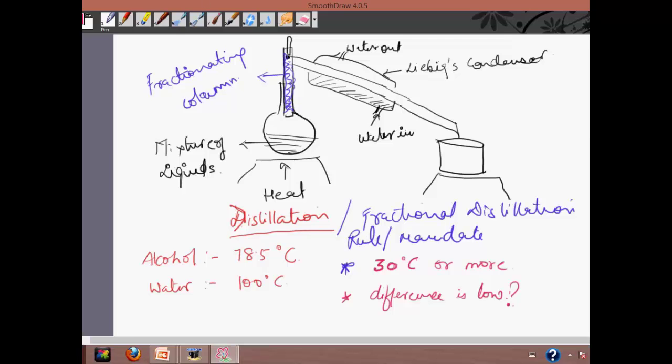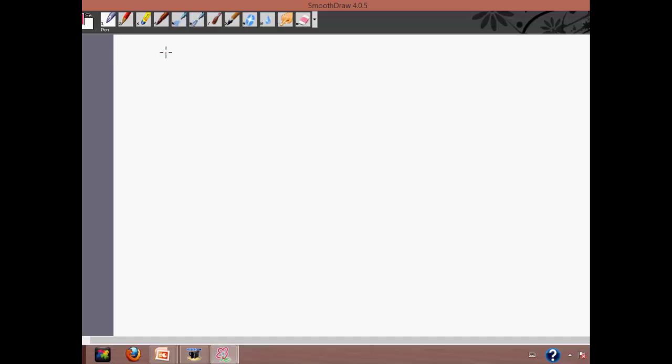So in conclusion, how do we define both the methods, both interlinked methods? First is distillation. We have done it earlier also in earlier sections.